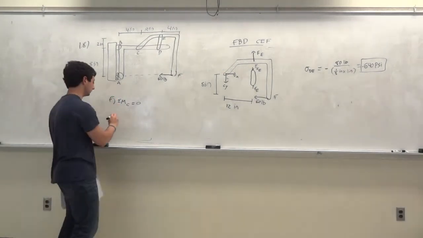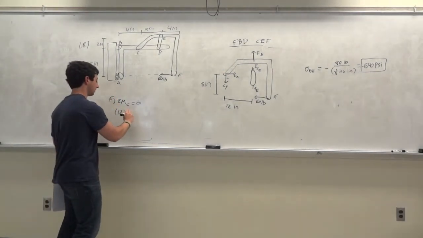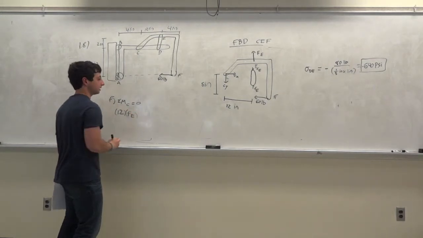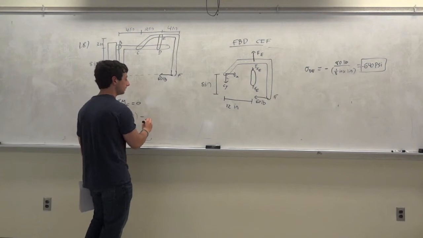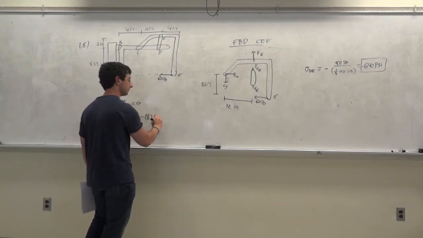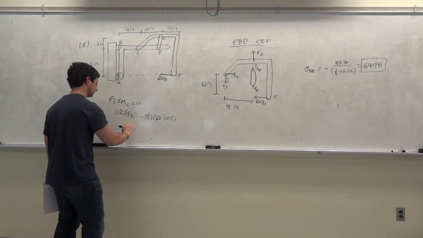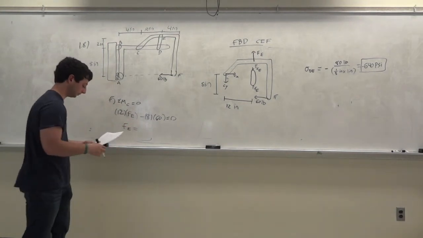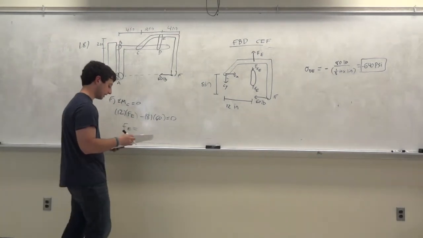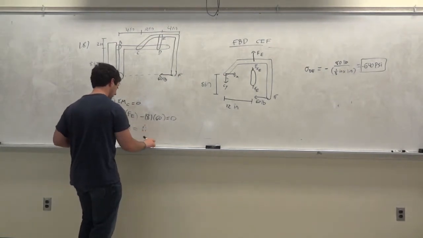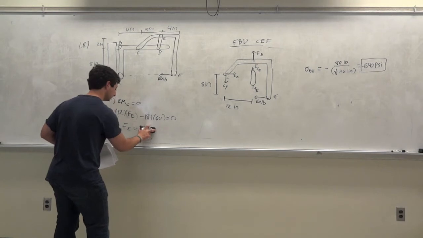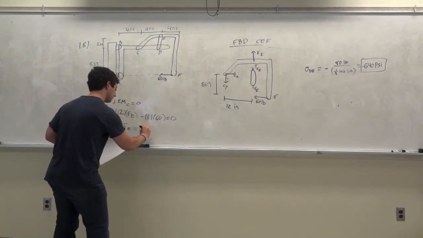You have 12 times FE, that's positive, and then you have minus 8 times 60 is equal to 0. So FE is equal to, now in this case it's actually half of it, so it's 40 pounds.